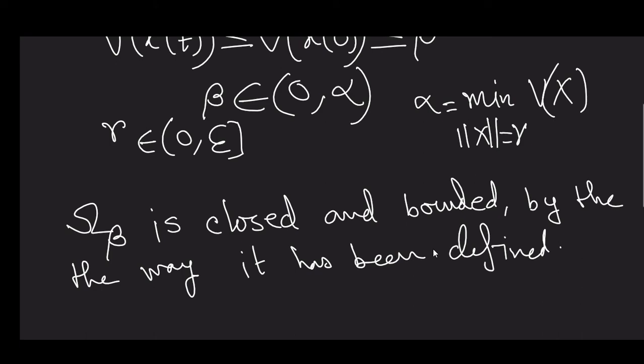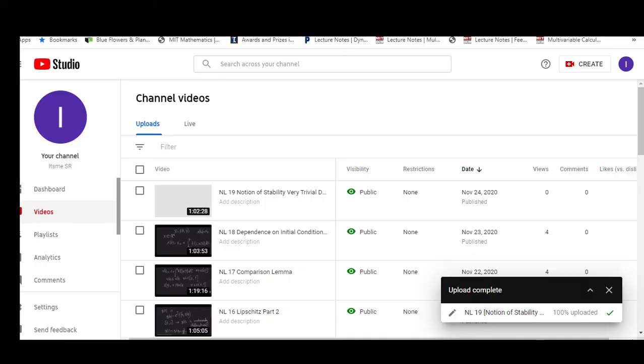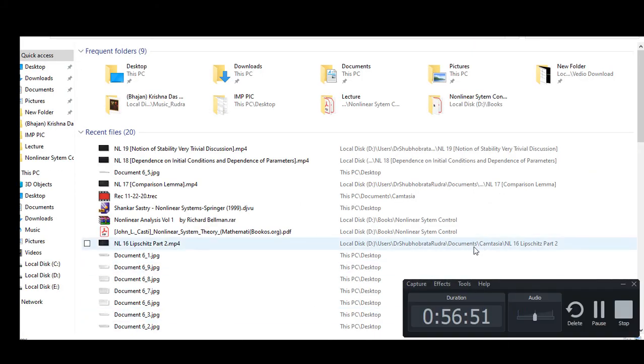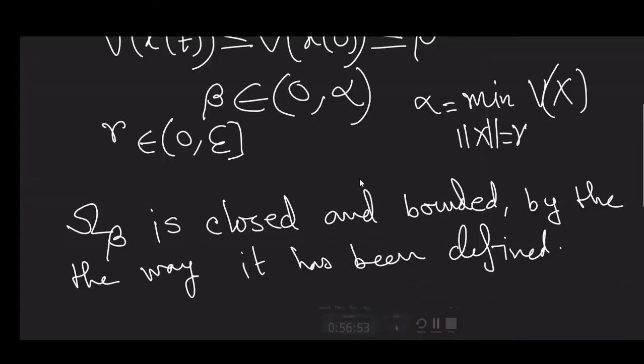So it is obvious that omega beta is closed. It is very interesting to note that the whole thing is bounded and closed, as it includes the two terminal points.